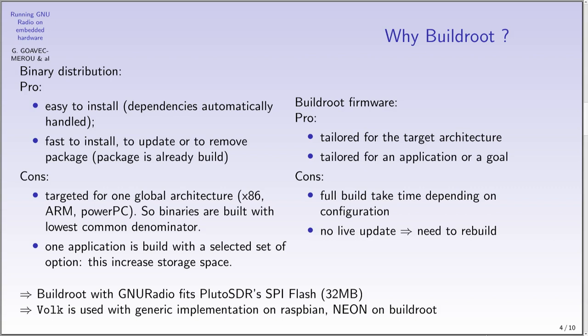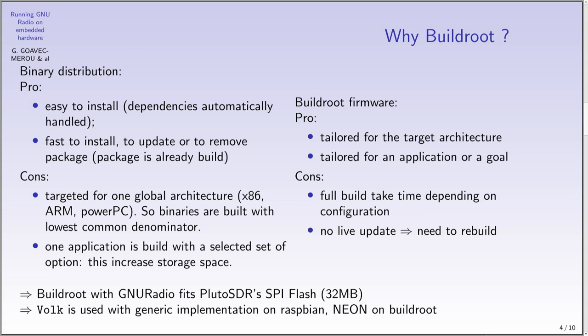To compare these two approaches a bit, BuiltFruit with GNU Radio may be used with a Pluto SDR and fit the SPI flash. It's small, but this space is enough to support BuiltFruit, GNU Radio, Python, Volk.